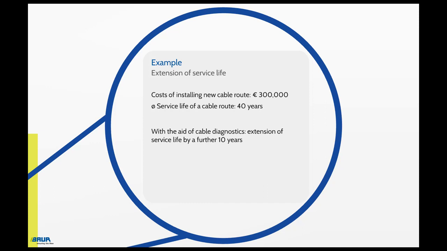With the aid of diagnostic measurements, it is now possible to establish that the cable is still in very good condition and can therefore remain in place within the network for another 10 years. Consequently, this measurement extends the service life of the cable route by 25%. If this is the case for several cable routes, savings of over 100,000 euros per year are possible.